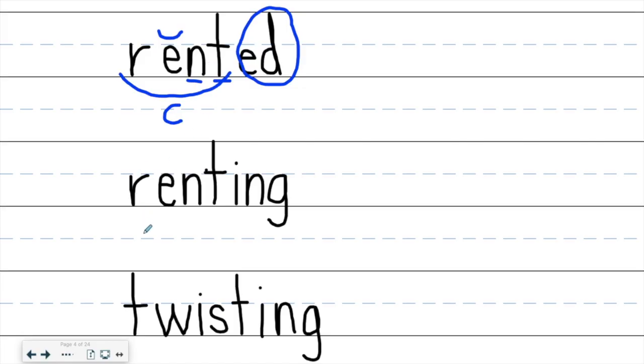Okay, now if you are following along with me and you have something to write on, why don't you practice marking up this one with me? This word says renting. So I know ing is a suffix, right? It was added on to rent to show that it's happening right now. So I am going to scoop rent. I'm going to circle the suffix.